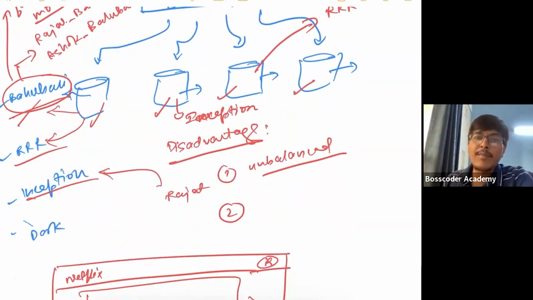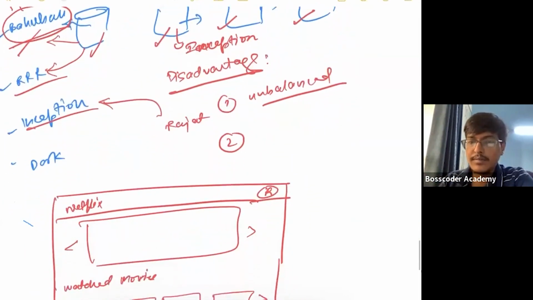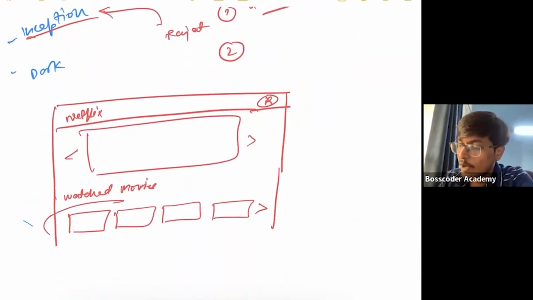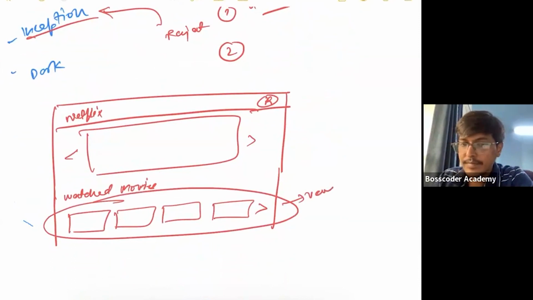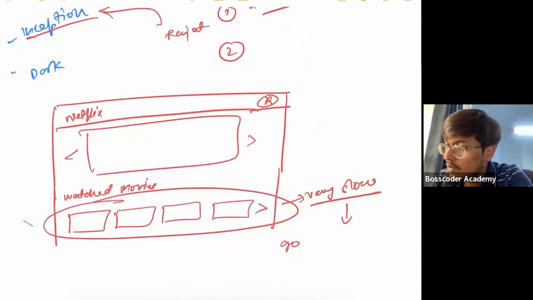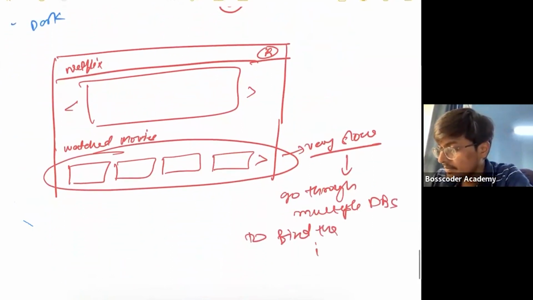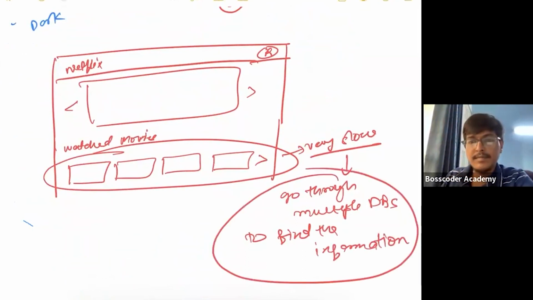And if I'm interacting with multiple databases, will that make the API call very, very slow? Will this request become very slow? Because I have to now go through multiple DBs to find the information. Is this making sense?